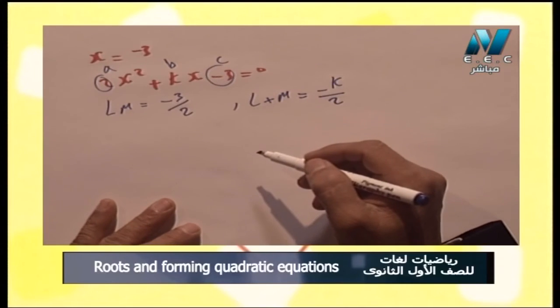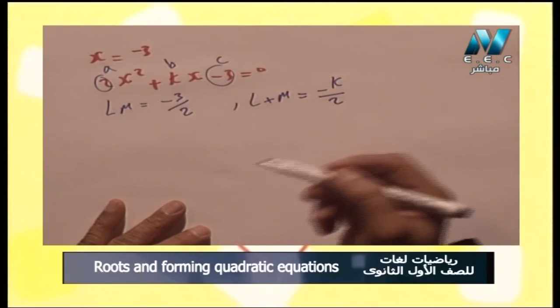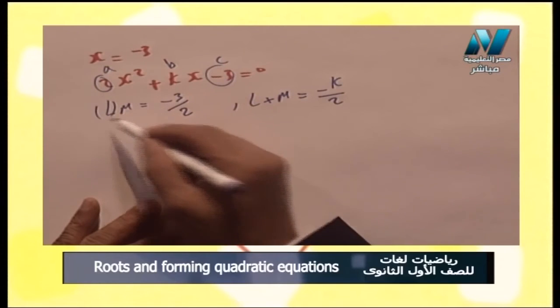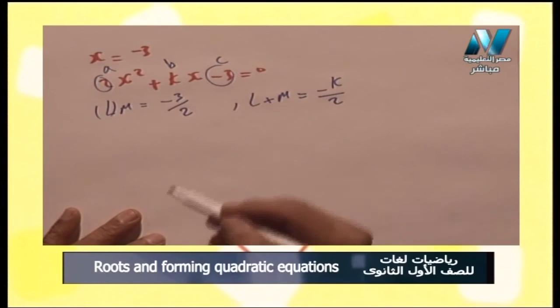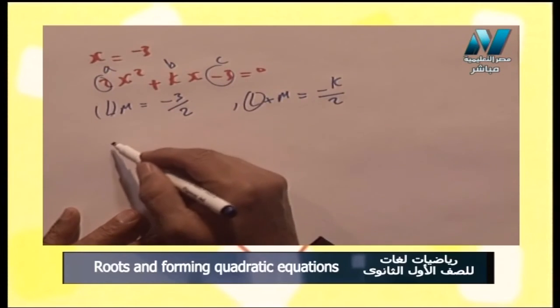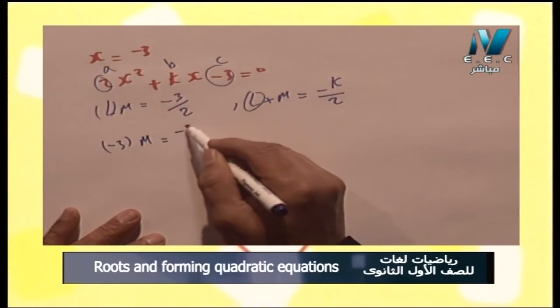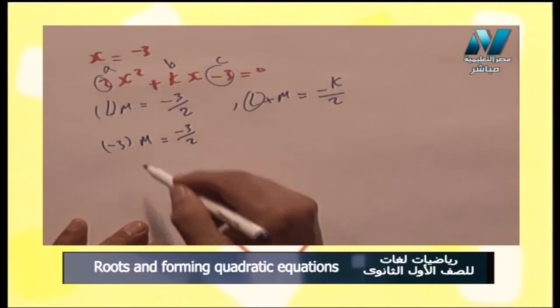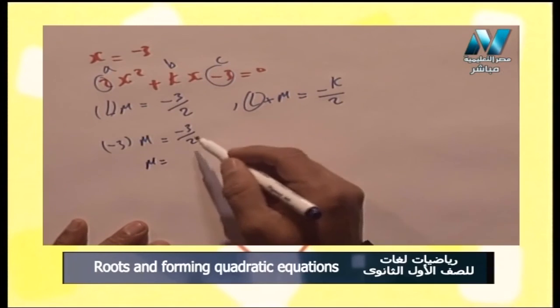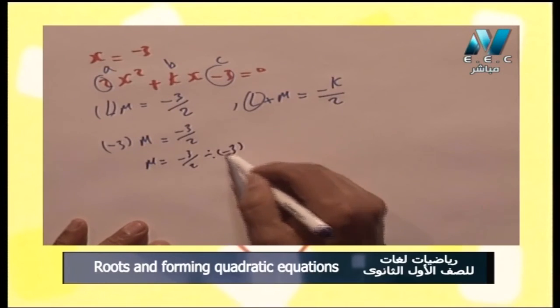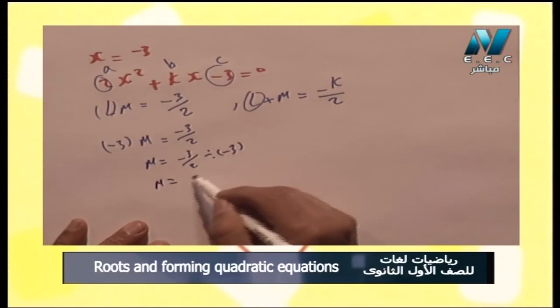And we know that one of the roots equals -3. So if we put -3 instead of L, then -3 multiplied by m equals -3 over 2. So m equals -3 over 2 divided by -3, and m will be 1/2.